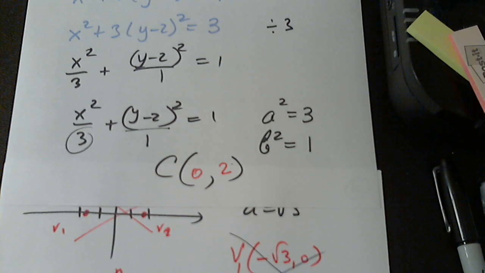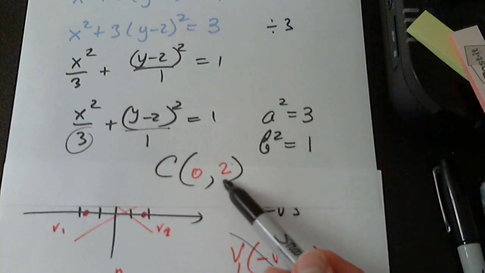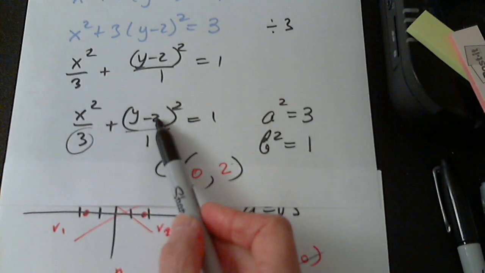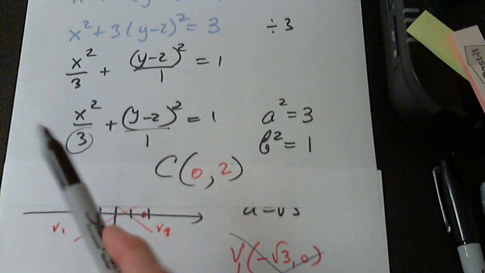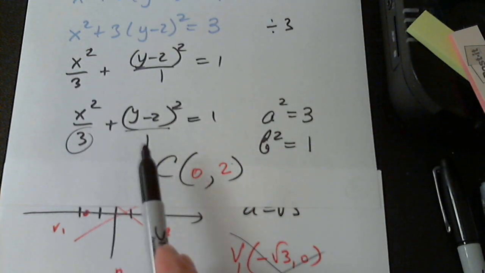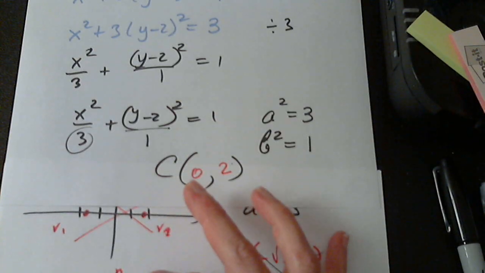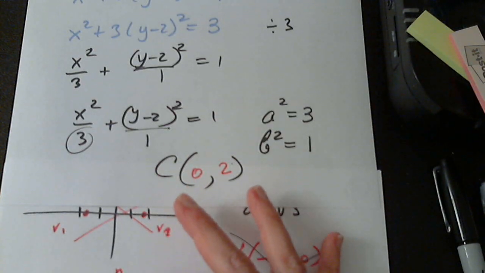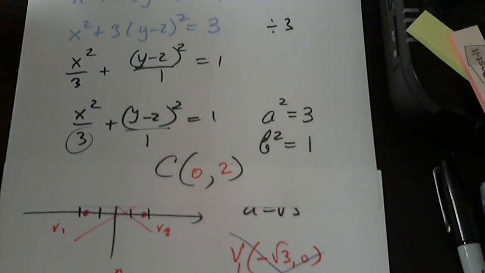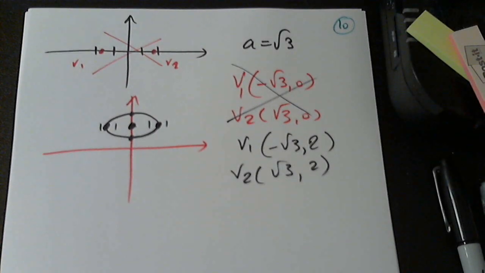I have the center, which is 0, 2. Because A is bigger, this number is bigger than this one. It's a horizontal major axis. And we're only asked to determine the foci. That's the last thing that we needed to determine.